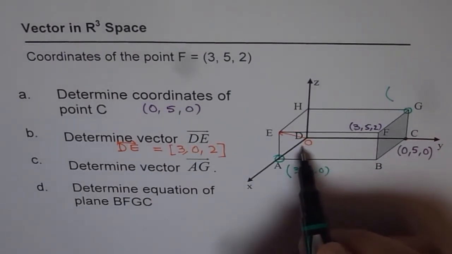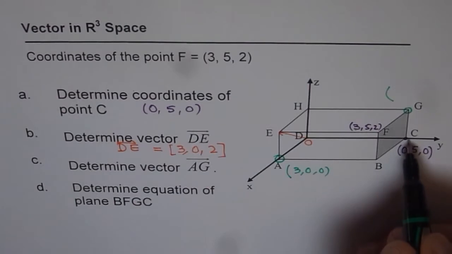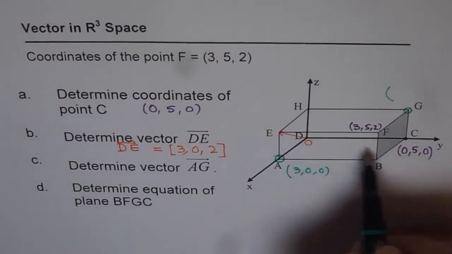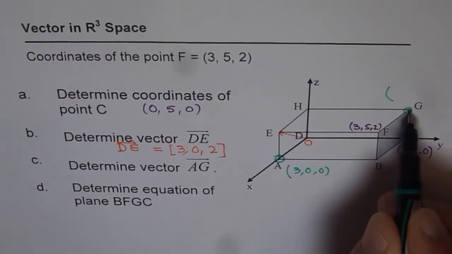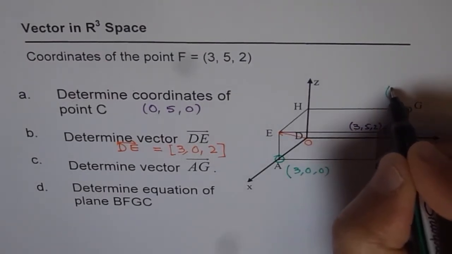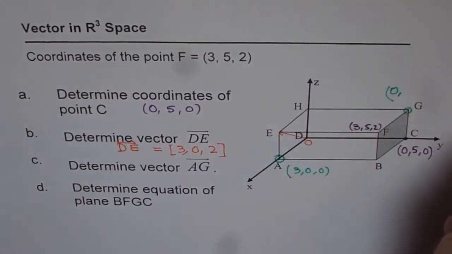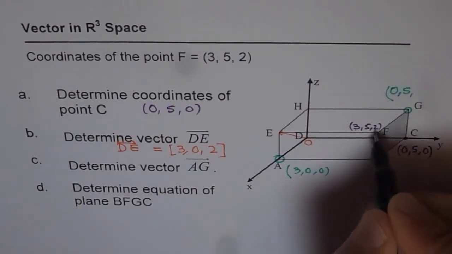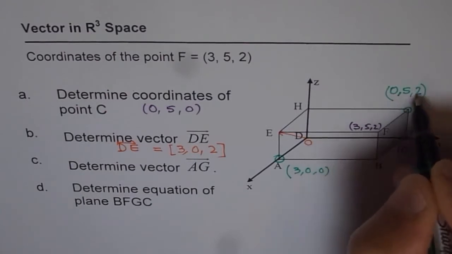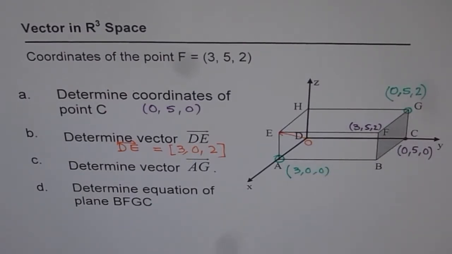Along x, we go 0 units. We just go straight here along y and then up along z, right? So it is 0, and then along y, 5 units and 2 units along z. So that is the coordinate for G.